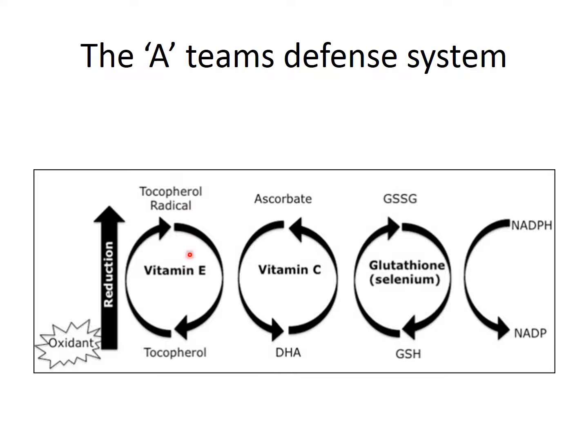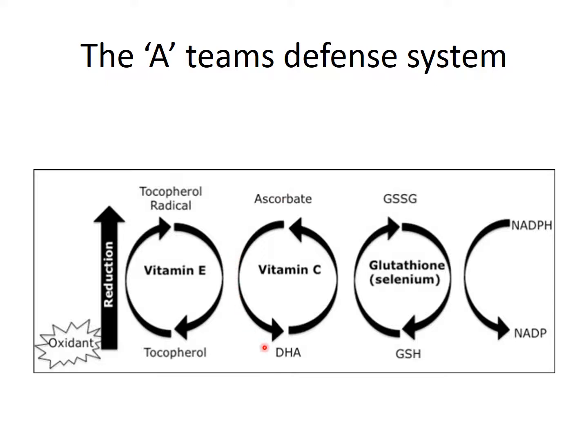Now, what this tocopherol does is it carefully gives away its radical to vitamin C. Vitamin C is an ascorbate molecule. When it takes this electron, it becomes DHA, dihydroascorbate.